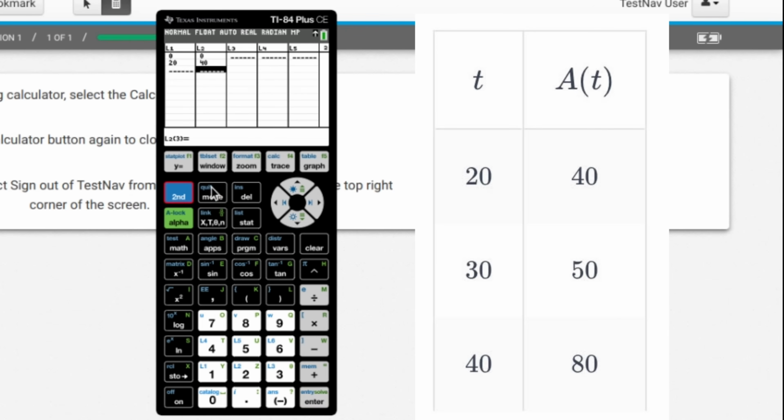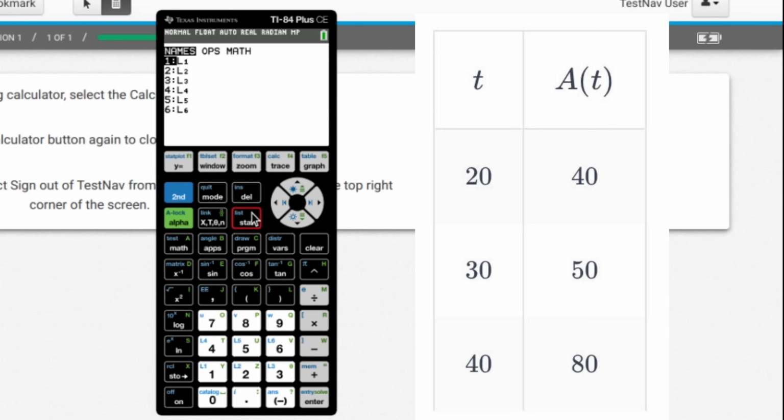So if I quit out of this, go to regular stat, go right to calc and go to lin reg and hit enter a bunch of times until you get calculate.